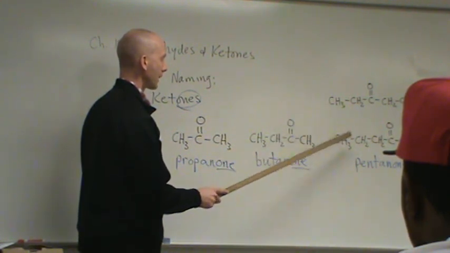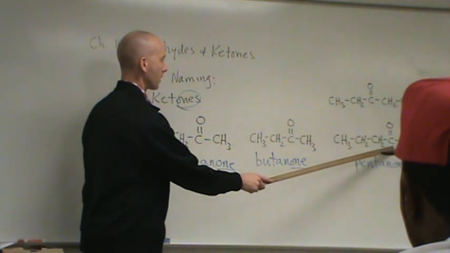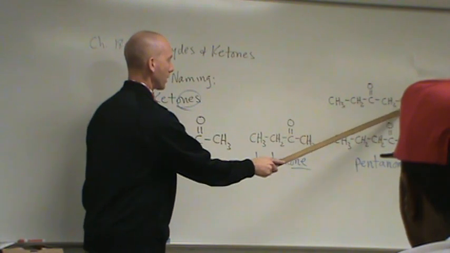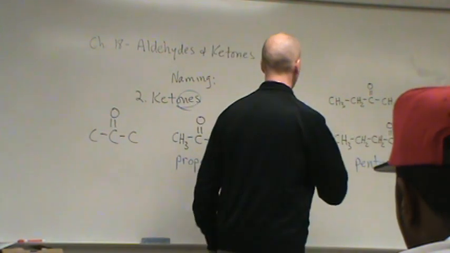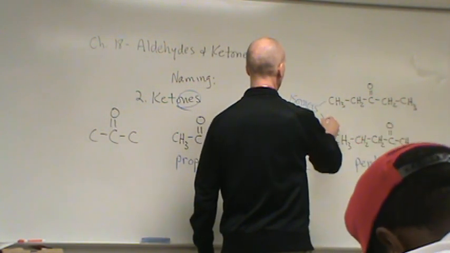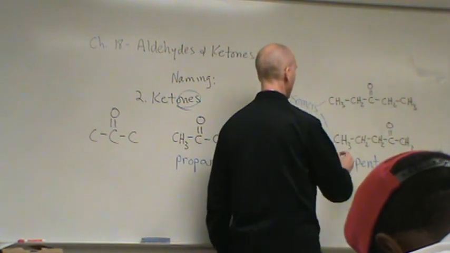Yeah, I need a number now, don't I? Okay, so this would be 2-pentanone, and that would be 3-pentanone. Okay, so these 2 are isomers. So once I get to isomers, I have to start using a number.